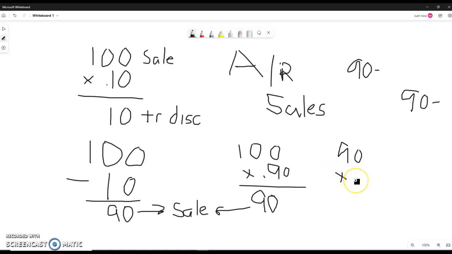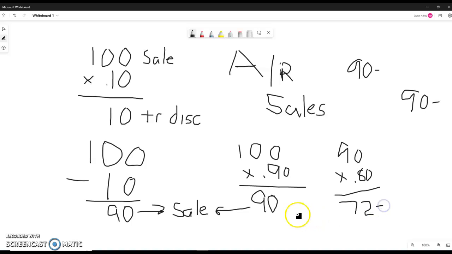So that is 20%. Again, I could do it in 2 steps, but if I want to be more efficient, the complement of 20%, what takes it to 100, is 80%. So I take the 90 times 80%, and that would be 72.